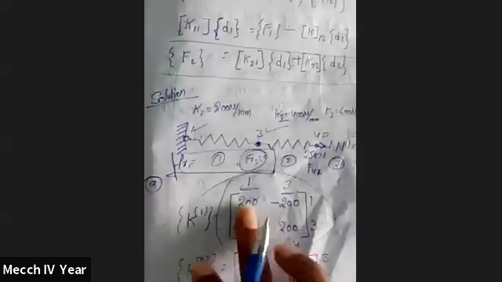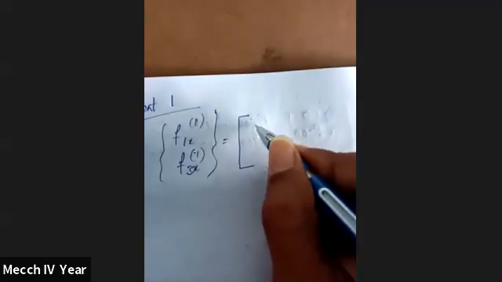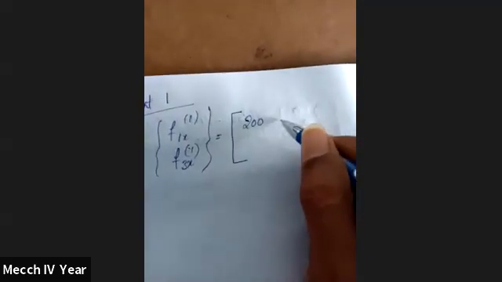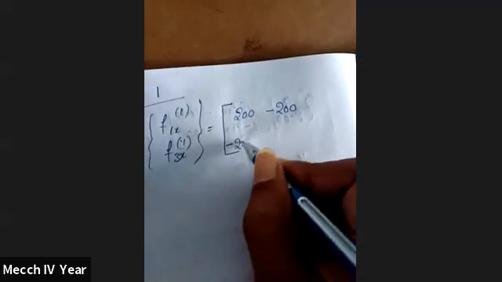Then we will take this one, 200 minus 200, minus 200, 200.